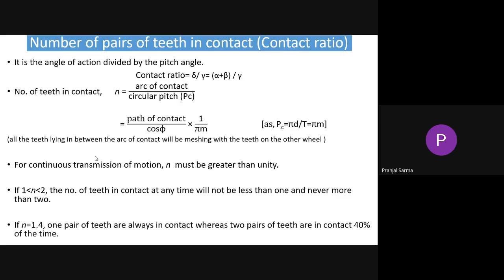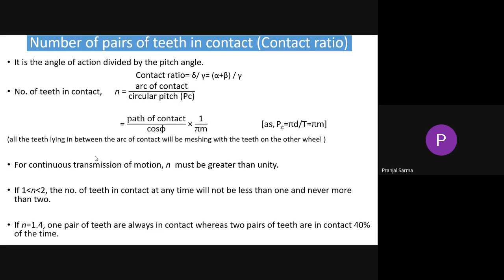The arc of contact, as we have previously discussed, can be obtained by path of contact divided by cos phi, that is, the cos of your pressure angle. And the circular pitch we already know, p suffix c, is given by pi d by t, where d is the pitch circle diameter and t is the number of teeth. And d by t gives you nothing but the module. So we can write pi m, where module is m.